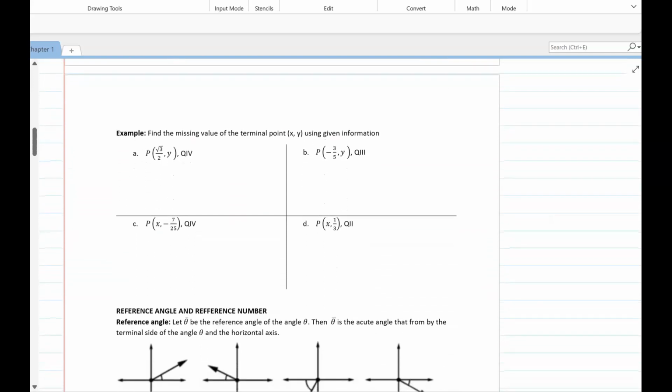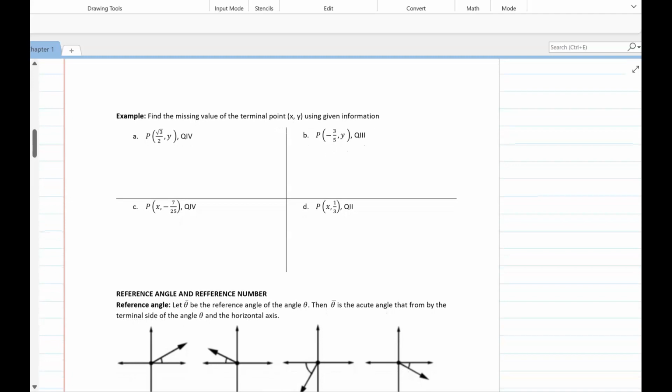Let's take a look at this example. We want to find the missing value of the terminal point (x, y) using the given information. Because we use the term terminal point here, we assume that this point P has to satisfy the equation of the unit circle, that is x squared plus y squared equals 1. So in the first case, we want to solve for y. We know that x squared plus y squared has to equal 1.